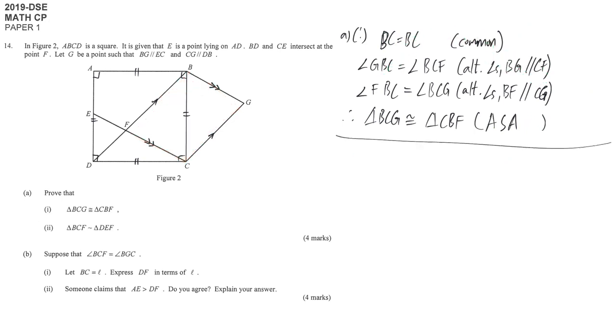And then in part A2, they ask us to prove that triangle BCF is similar to triangle DEF. The easiest method to prove that they are similar is using AAA, and it's the only way here.